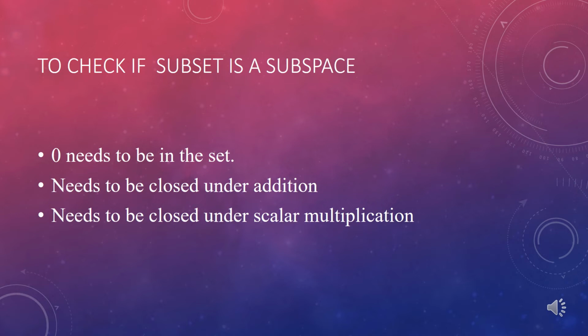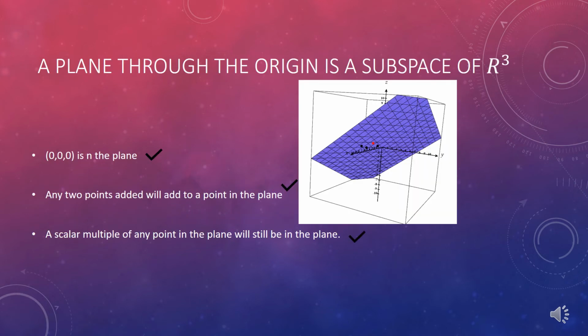If you took all the points in a plane and the plane went through the origin, then that would form a subspace of R3, of the third dimension. Why? Well, the origin is in the plane because we said it goes through the origin.